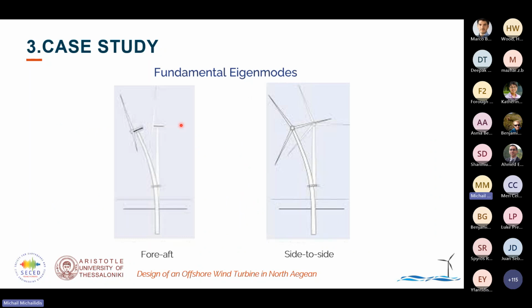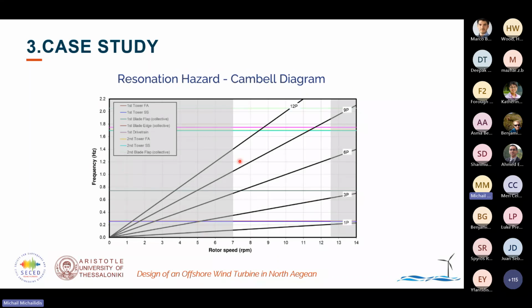The fundamental eigenmodes are these two: the fore-aft, eccentric to the axis of the wind turbine, and the side-to-side, which is symmetric across the axis of the mass. We are using the Campbell diagram in order to prevent the resonance hazard.